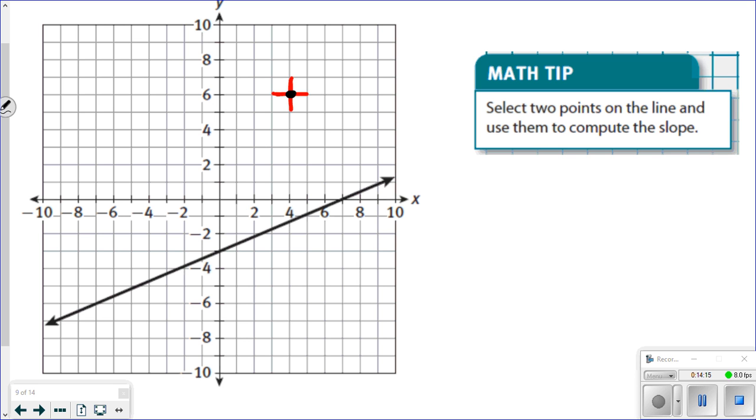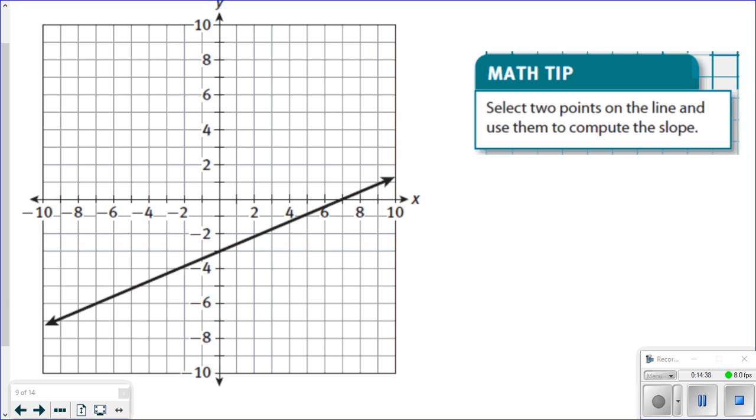So you want to find a point that intersects your y and your x perfectly at a whole number. Don't try to figure out what this point right here is, because that's a decimal. It's in between 7 and 8. We don't know what it is. So find points that occur right in the middle.